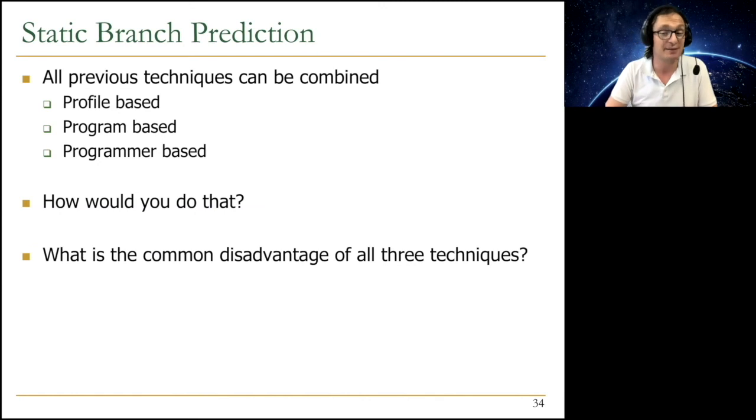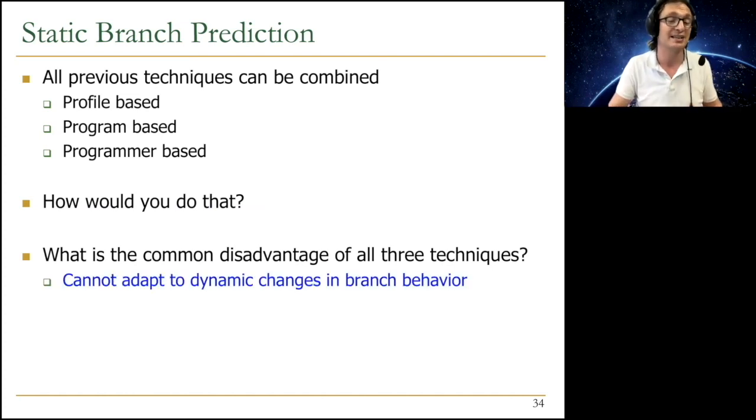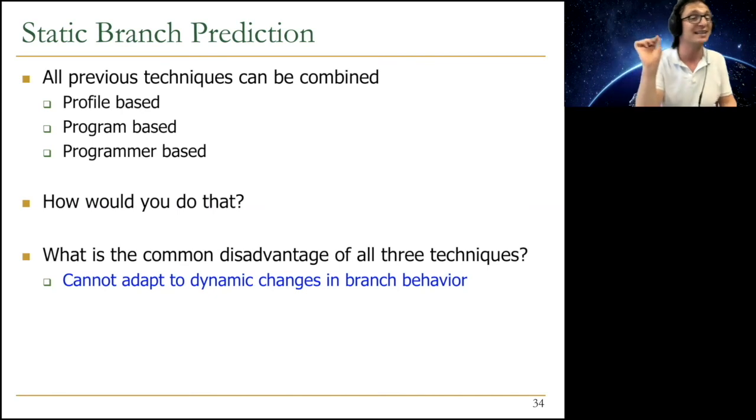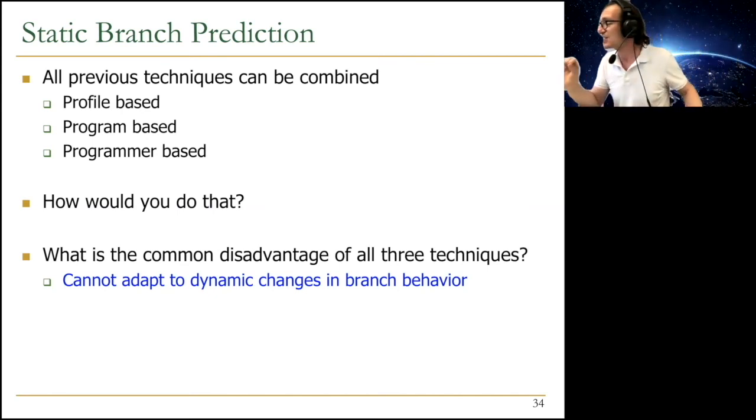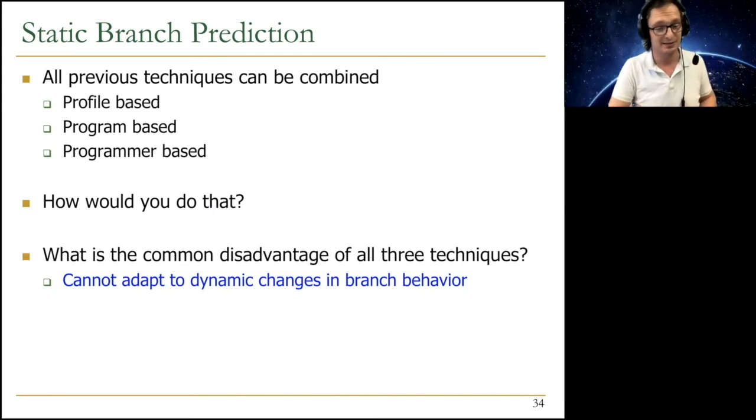What is the common disadvantage of all three techniques? Well, I've already given you the idea, basically. We've kind of discussed that. If the behavior of the program changes at runtime, you cannot adapt to dynamic changes because you have a single hint bit saying this branch is likely taken or not taken. And that bit doesn't change during the execution, which means that you cannot adapt to dynamic changes in branch behavior during runtime.